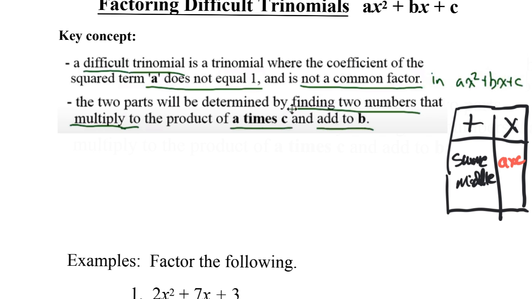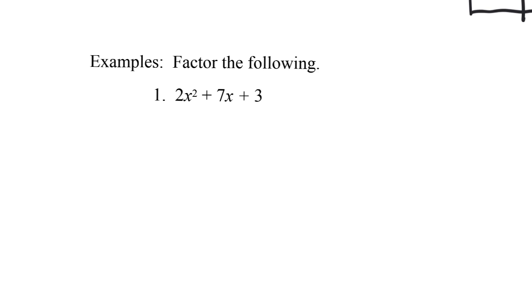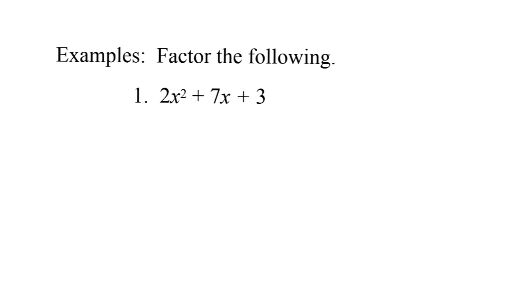Now let's go over our examples, and what we're going to do is take our time and zoom in on this one example where we are factoring the following equations. So here's what we've got to focus on. We've got to focus on this 2. When we look at this 2, you'll notice that it doesn't divide into the 7 or the 3.